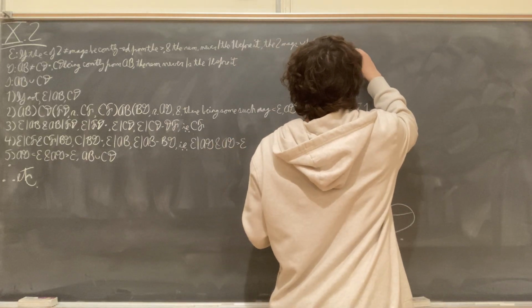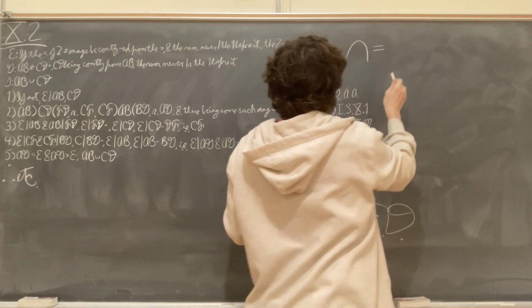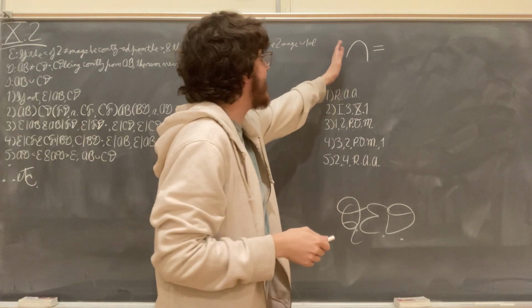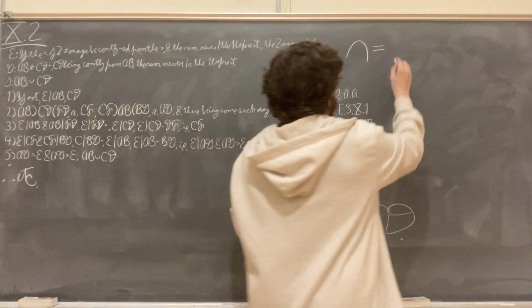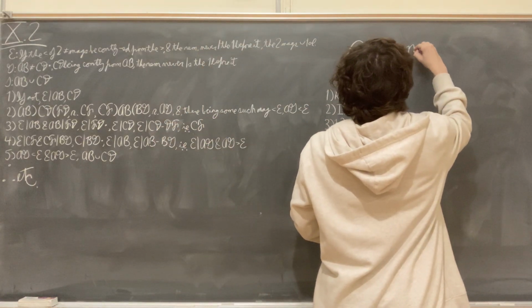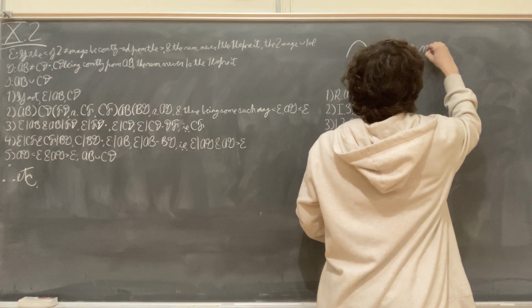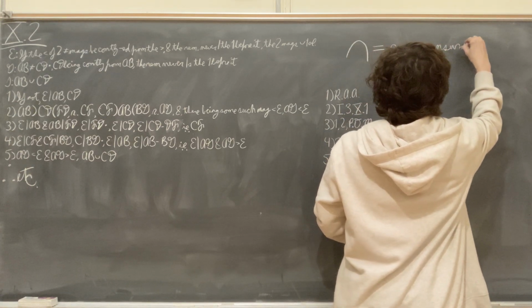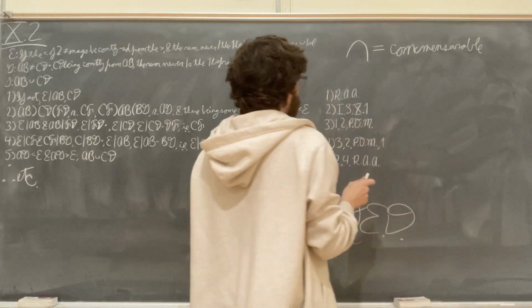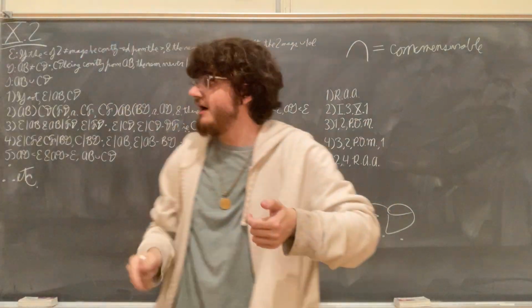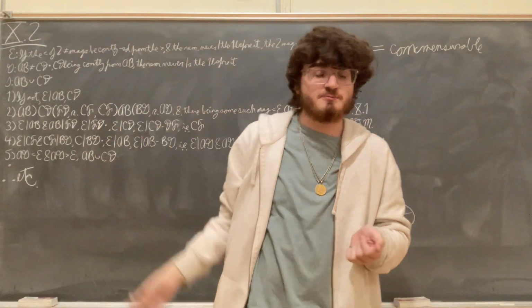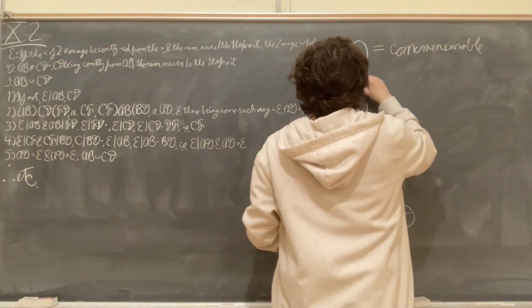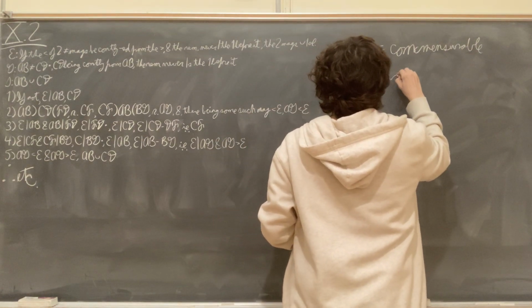If I write this symbol between two magnitudes, A, this symbol B, then this means that A is commensurable with B. But if I flip this symbol, as I've done here in this proposition, this symbol means incommensurable.